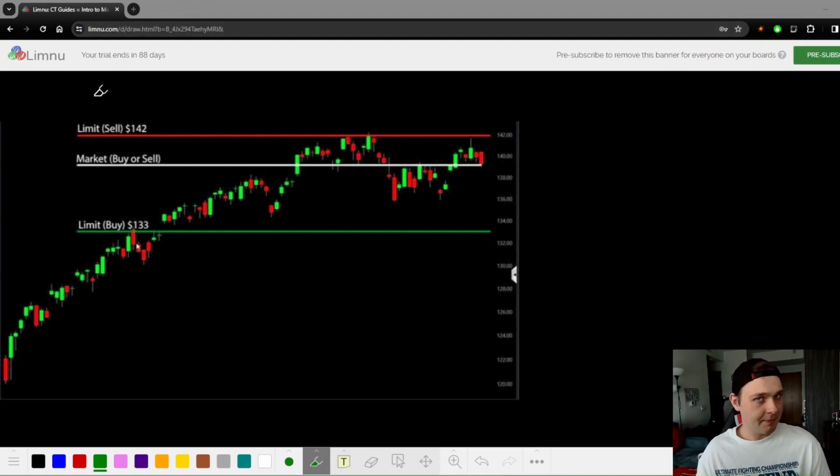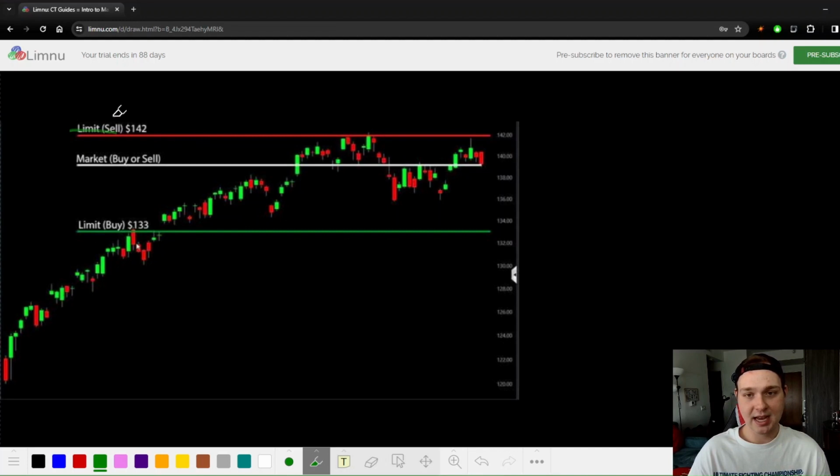Now, let's flip this and adapt the chart to a stop order. For a stop order, I would say that we're going to be buying right here, right? Because as you can see, if there's a breakout sustained, we're going to want to get in before that next move up.